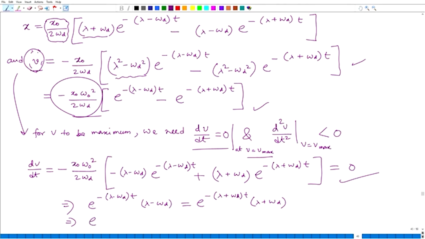So, that will be e to the 2 omega d t, that will be equal to lambda plus omega d by lambda minus omega d. Okay. And then finally, you just take the natural logarithm of both sides. So, 2 omega d t will be log of this expression. So, t will be 1 by 2 omega d log of this expression.